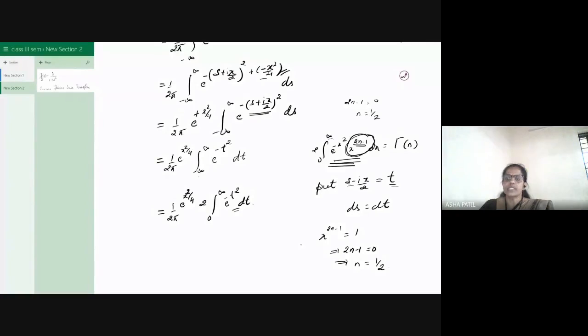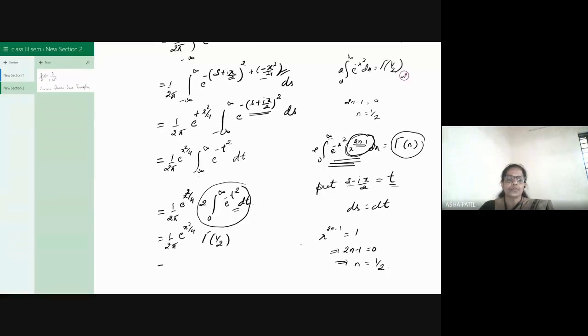If n is 1 by 2, then 2 times integration from 0 to infinity e raised to minus x square dx is nothing but gamma 1 by 2. So we'll write this function as 1 by 2 pi e raised to x square by 4, and the whole integral including 2 is gamma 1 by 2.